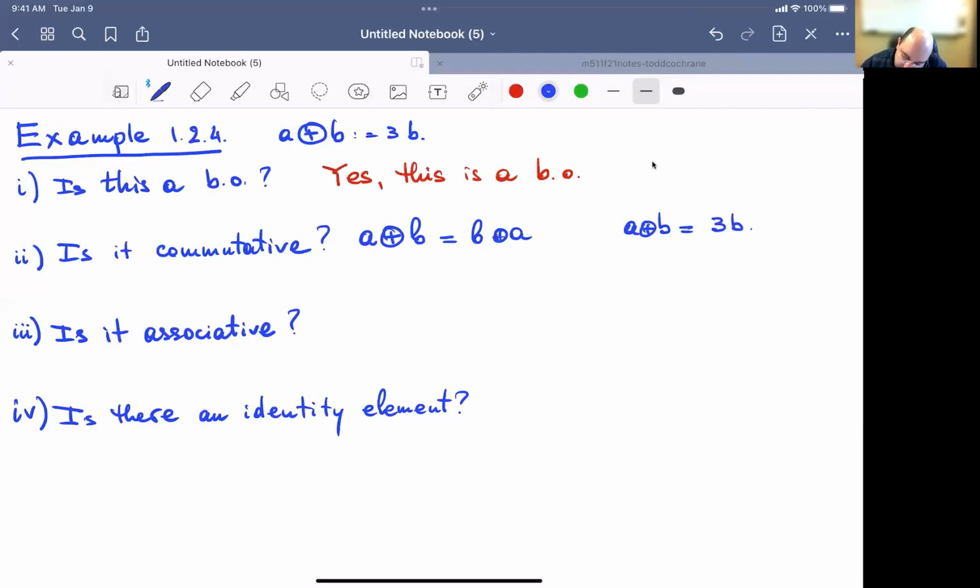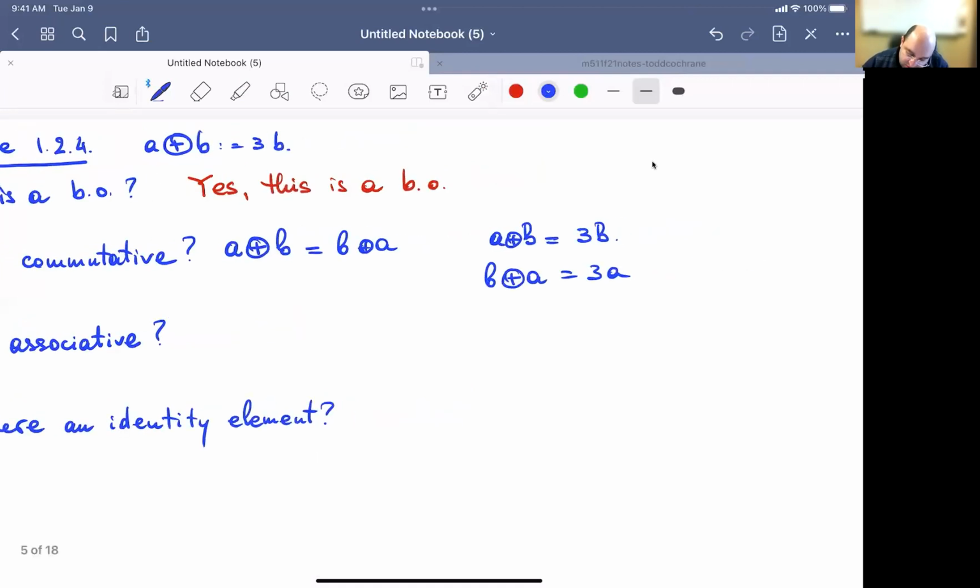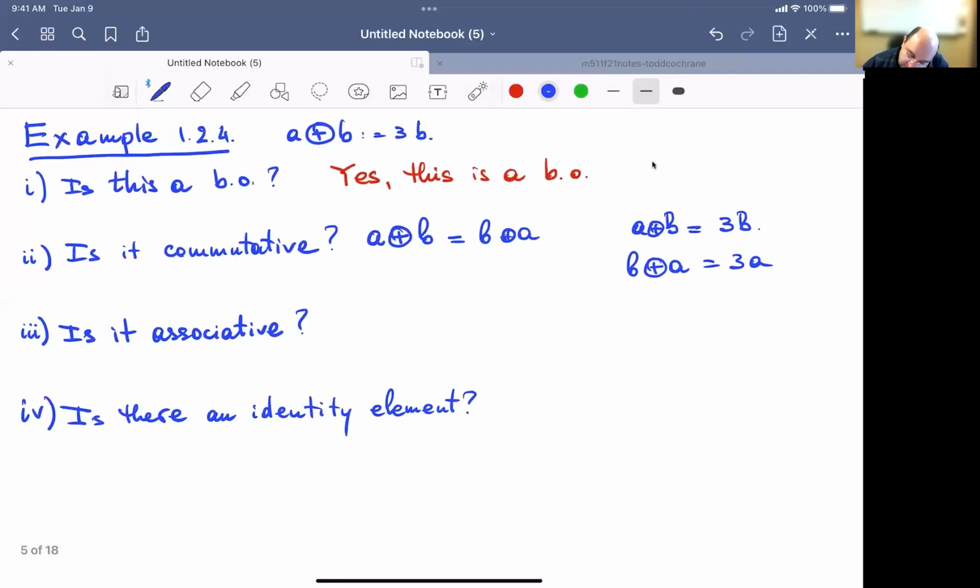And then b circle a, if I do it the other way around, is equal to 3a. So if this was commutative, 3a and 3b would have to be equal for every a and b, which is clearly not the case. So this is not commutative.